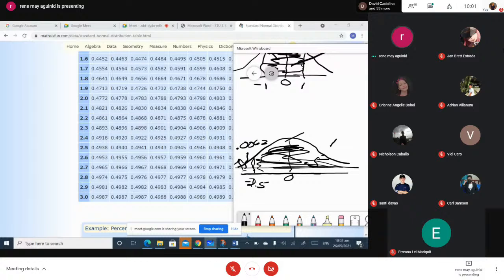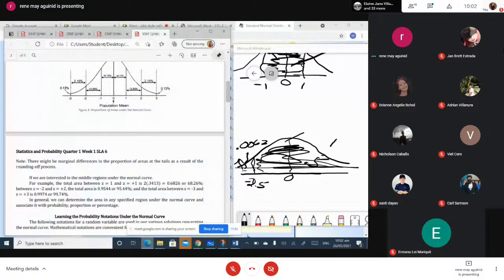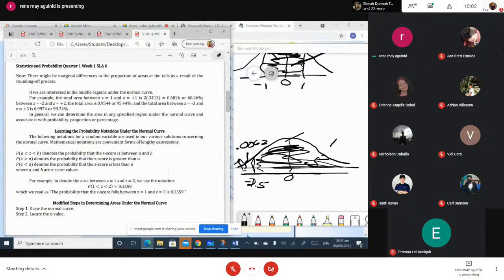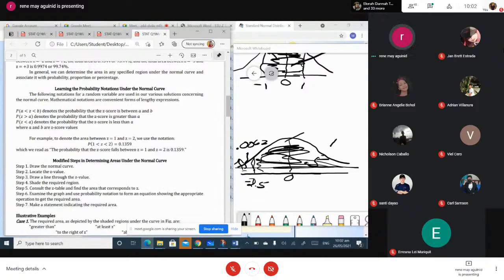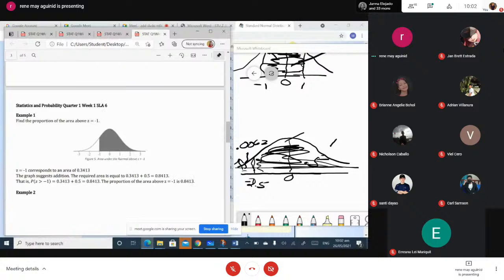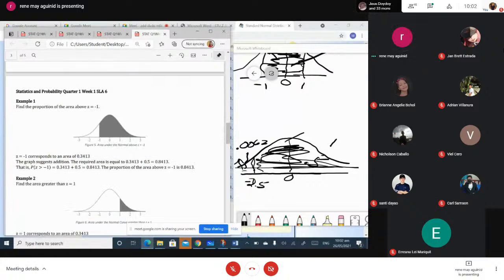Okay, so, what is our notation, no? The probability notation, that is the z between 1 to 2, in between 1 to 2, that is 0.1359.